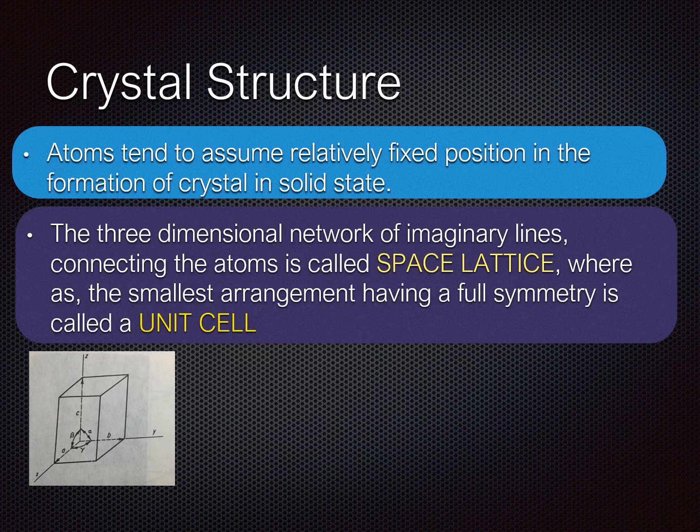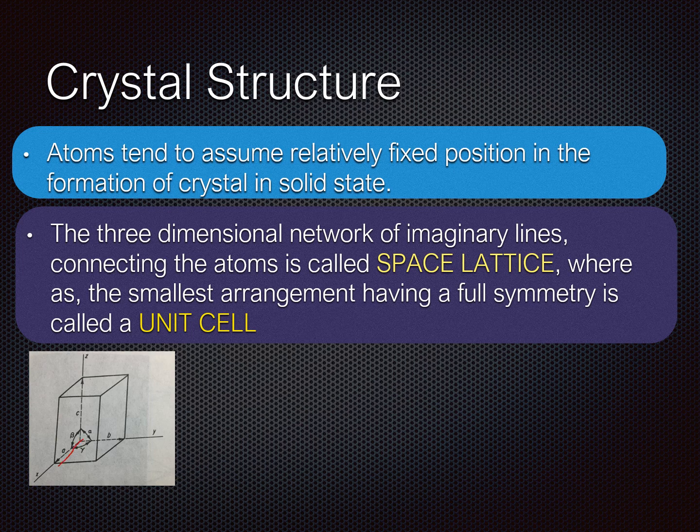The specific unit cell for each metal is defined by its parameters, which are the edges of the unit cell, namely A along the x-axis. Here I am trying to show it over here.